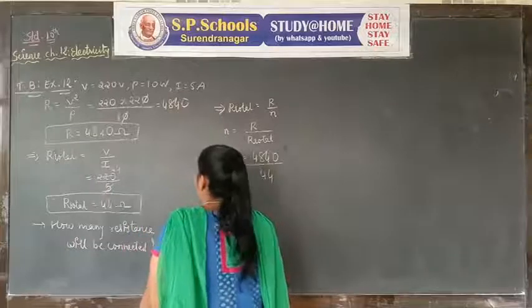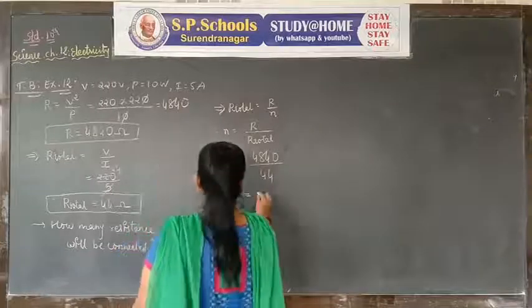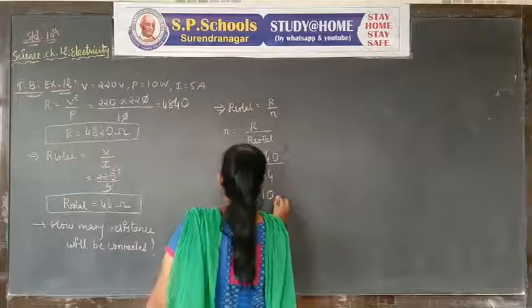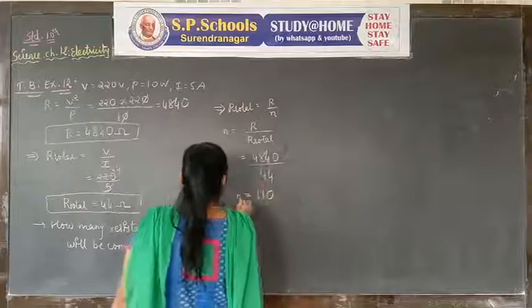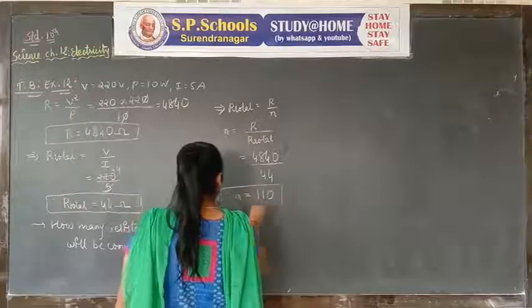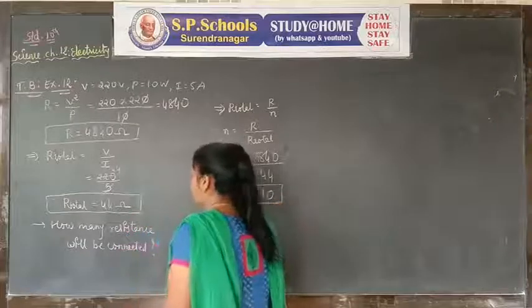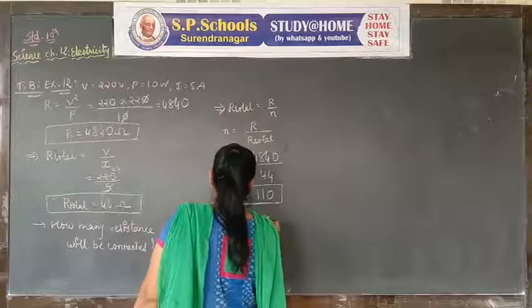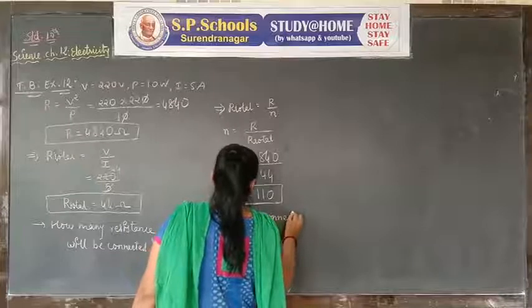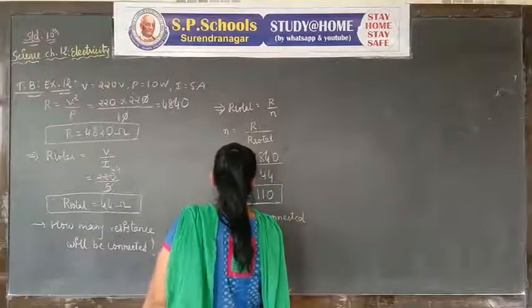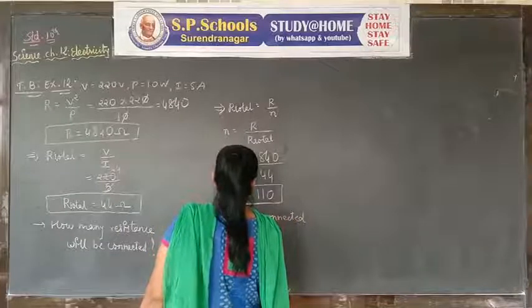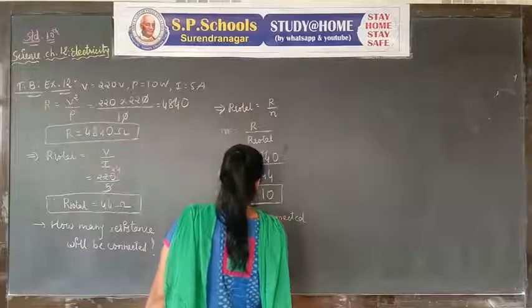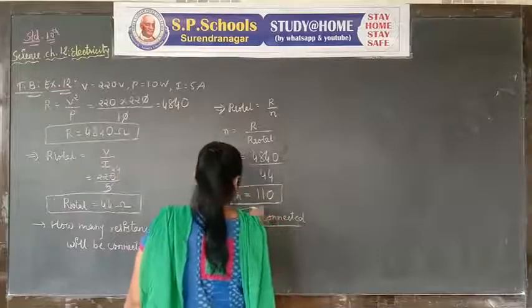When we calculate it, we get 110, n is equal to 110. So how many resistances will be connected? It will be 110 resistances, and for resistance you write ohm, connected.